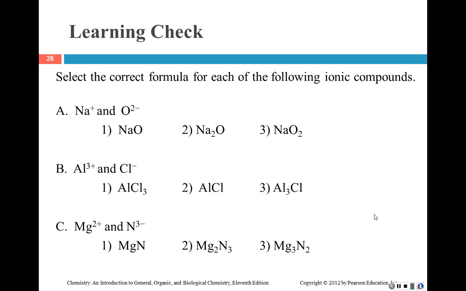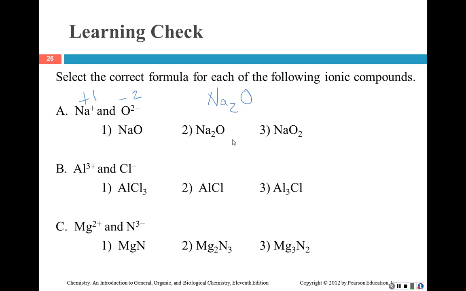All right, so we know that the charges have to equal out 0, okay? So what I typically do is I use my quick method and then I check it to make sure that it's correct. So if I have sodium, which I'm telling you is a +1, and oxygen is a -2, that tells me that I'm going to have Na2O.